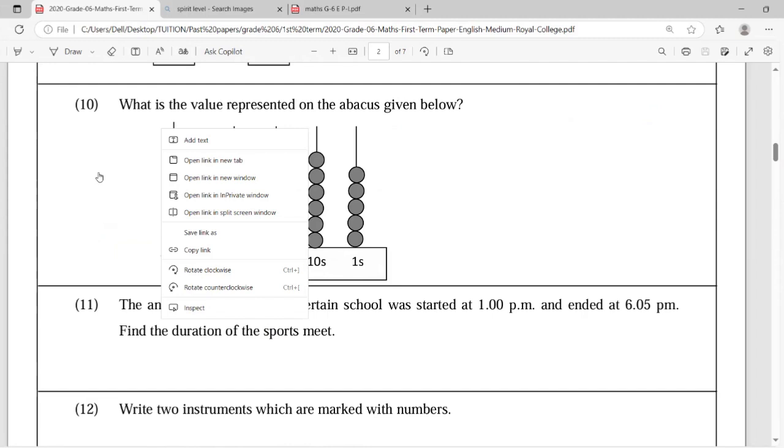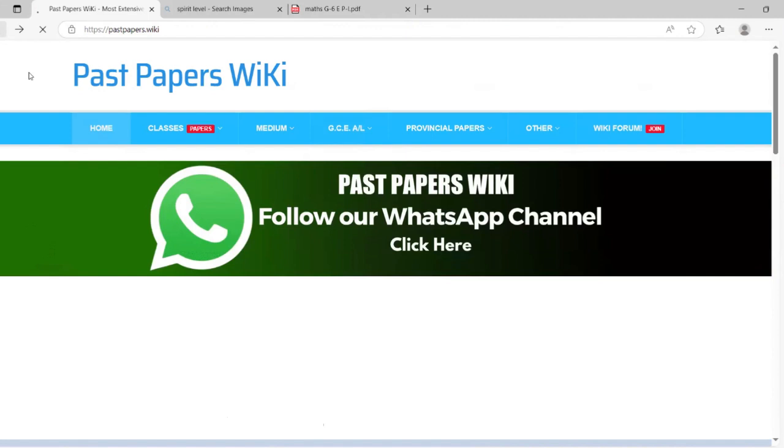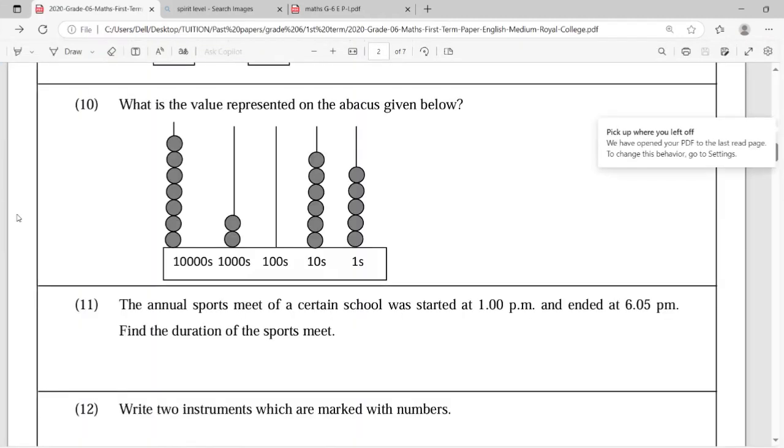Okay. What is the value represented on the abacus given below? You know, it is ten thousands, thousands, hundreds, tens, ones. So you have 1, 2, 3, 4, 5 places.